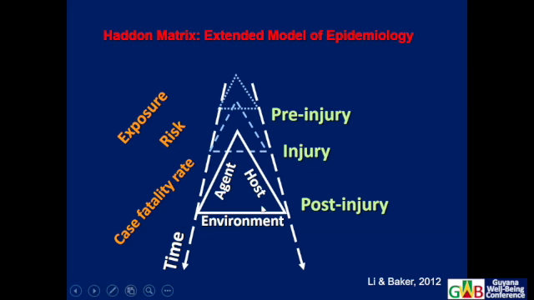So you have pre-injury, injury, and post-injury in this standard epidemiological model. During the pre-injury phase, you're dealing with exposure to injury. At the injury phase, you are dealing with the risk of injury given exposure. And in the post-injury phase, you're really dealing with the case fatality rate.